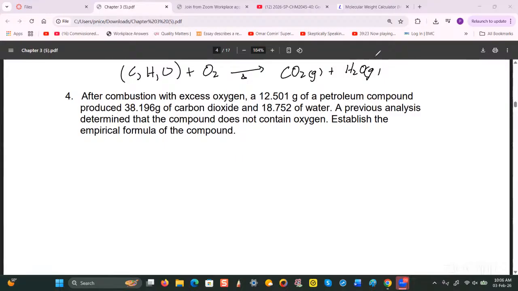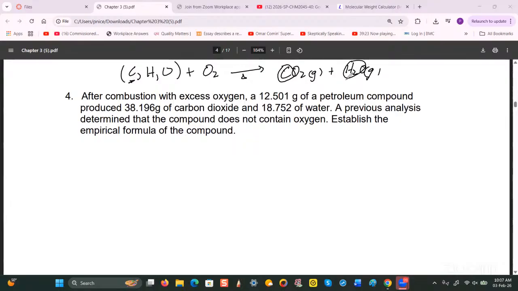So if you burn any organic compound that contains carbon, hydrogen, and oxygen, then you're going to get those products, right? So basically, if you can find some way of trapping the products and weigh them, then you can find out the mass of carbon in carbon dioxide and the mass of hydrogen in water. Then you can go back and determine, well, basically the mass of carbon here will be the same as the mass of carbon here, right?